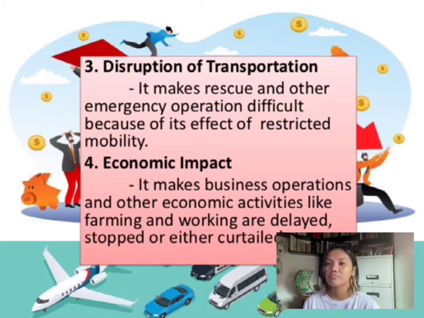And in terms of businesses, the production rate might be high and the sales are low, which is really bad. And in farming, the crops are damaged or either destroyed or died during the time of disaster. So that's the third and fourth effect of disaster.